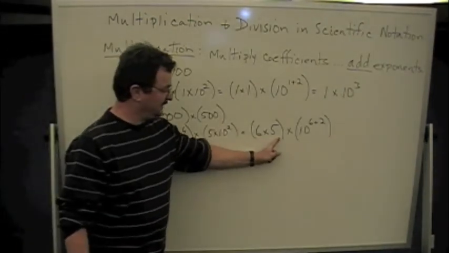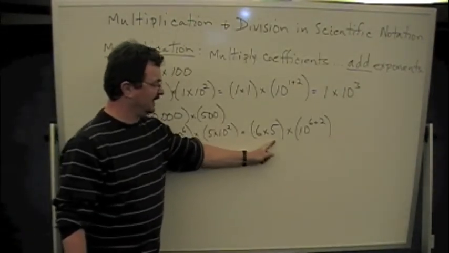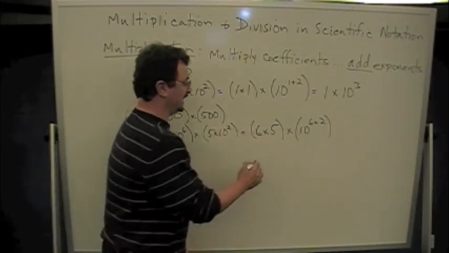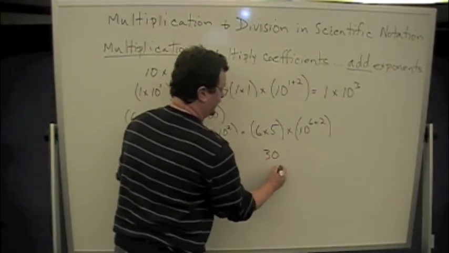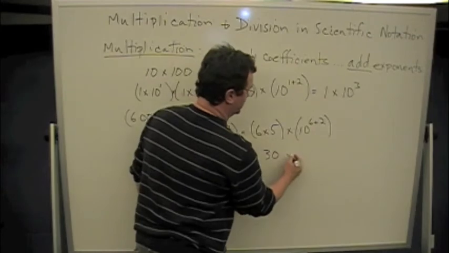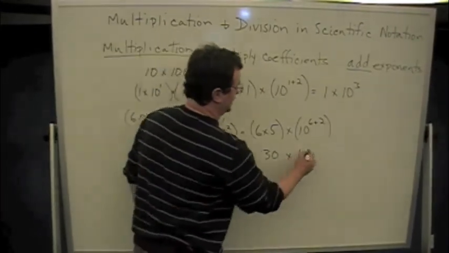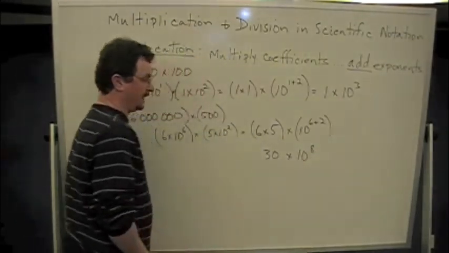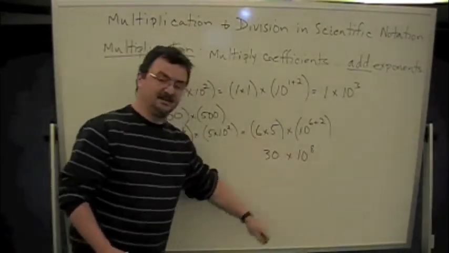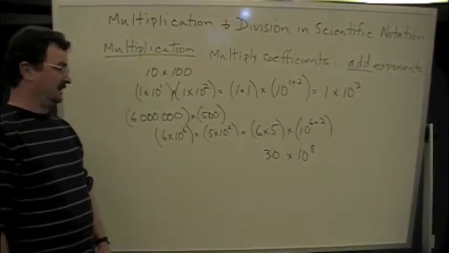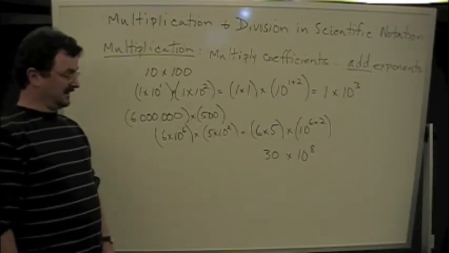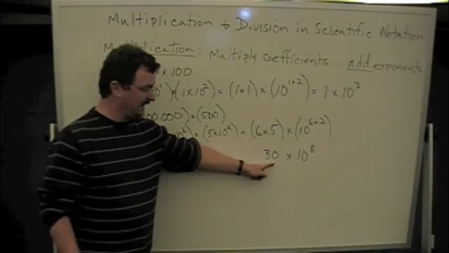So again, the only thing you have to multiply is the number out front. 6 times 5 is going to be 30. And then times 10 to the 6 plus 2, which is 10 to the 8th. So the answer is 30 times 10 to the 8th power. Now you might say, wait a minute, that's not a standard way of writing it.